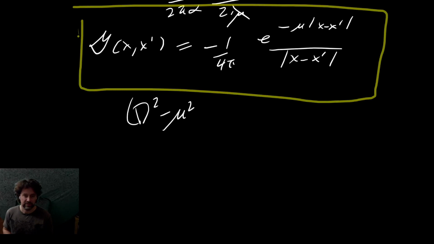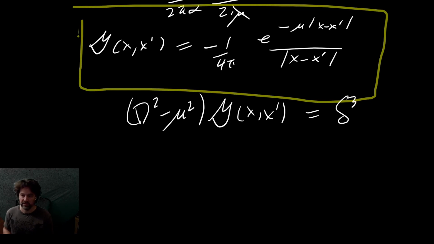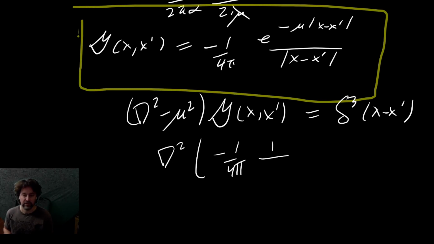So that means that del squared minus mu squared acting on g of x, x prime must be the delta function. And in particular, if we let mu go to 0 now, which we can do now that we've actually evaluated the integral, we find that del squared of minus 1 over 4 pi times 1 over absolute value of x minus x prime should be the delta function.